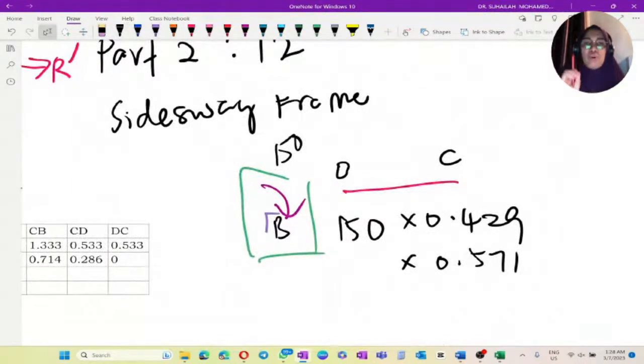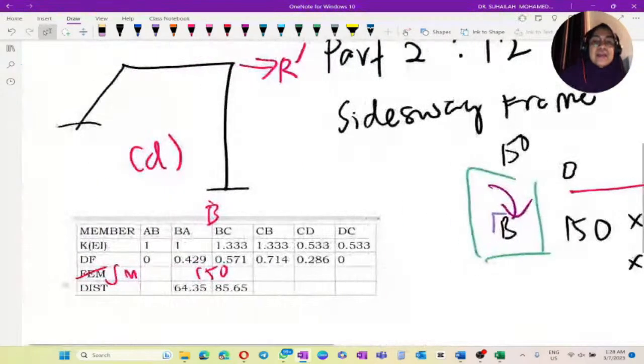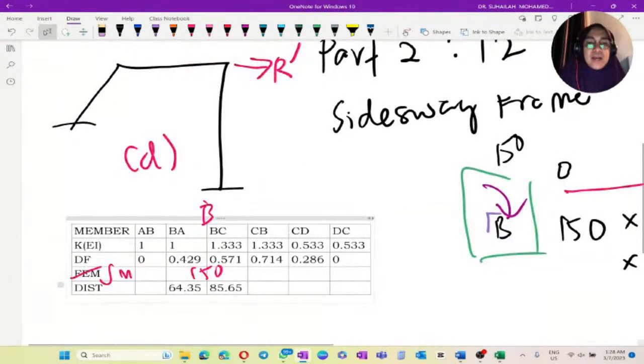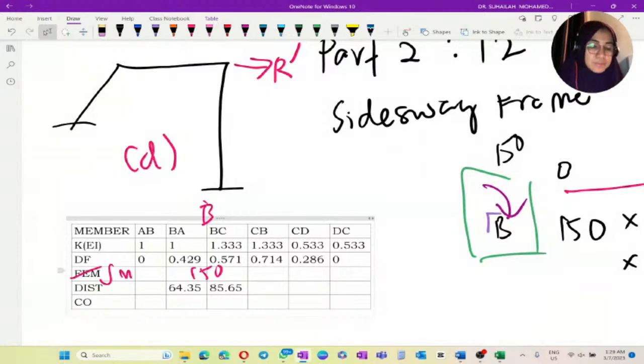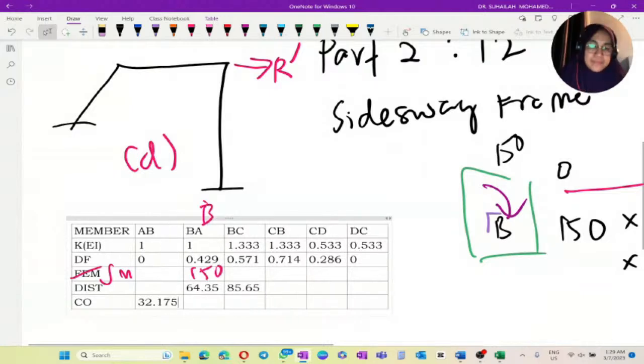When we distribute the joint moment, we don't have to put negative. So we get 85.65 and 64.35. Okay, that's all. Then we carry over the value. 64.35 divided by 2 is 32.175.